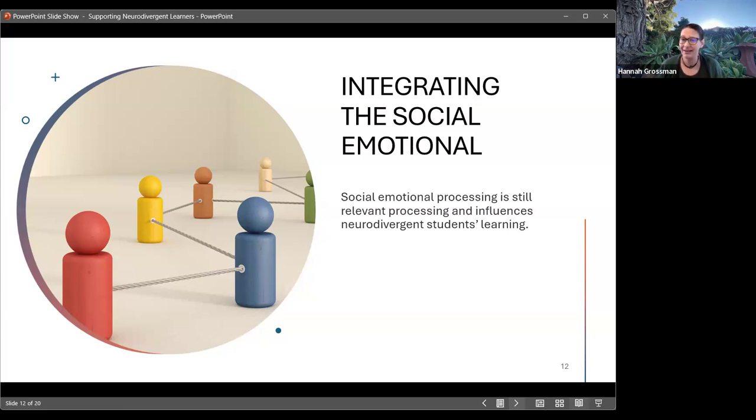to the social emotional. By including aspects of social emotional processing, by making your learners feel safe, by making your learners feel welcome, by making your learners feel valued, by respecting and honoring your learners' dignity and their agency and valuing their contribution, you can remove and reduce the loads associated with negative social emotional interactions by just planning for kindness and consideration and dignity of your learners in your learning settings.